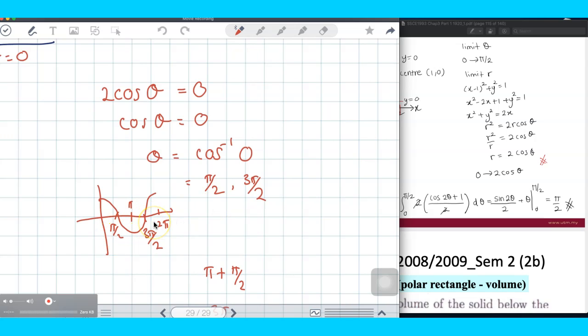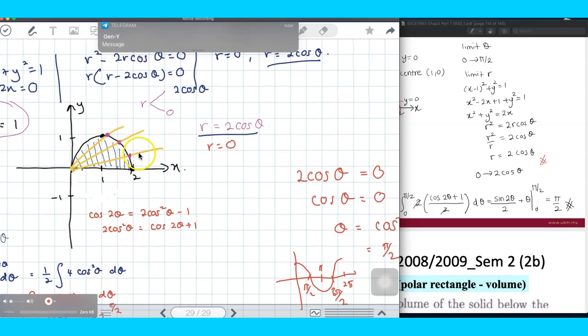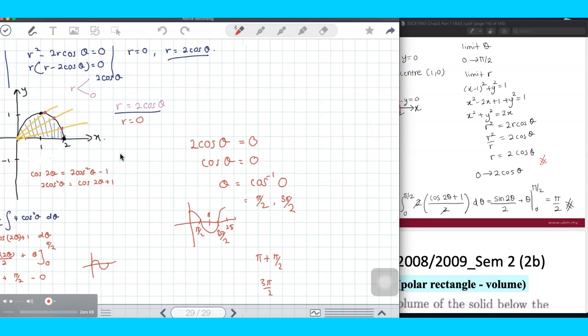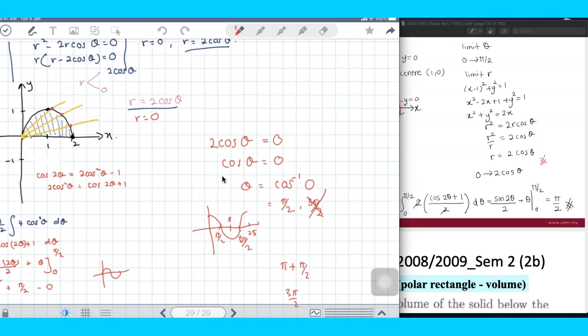But since our region is only lying in the first quadrant, which is not more than 90 degrees, we only consider pi over 2. So 3 pi over 2 is excluded because that one is out of the region. So the theta which satisfies r equal to 2 cos theta and r equal to 0 is 90 degrees.